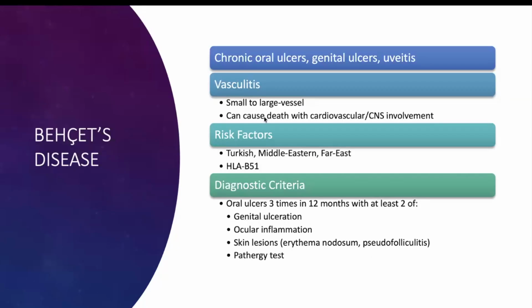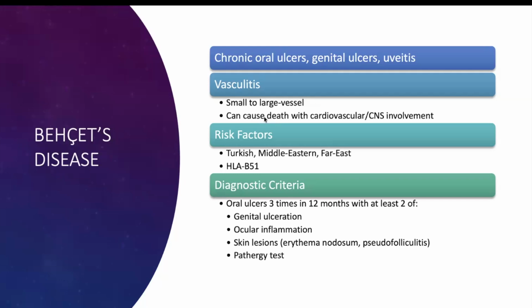Moving on to Behçet's, finally, in terms of the three systemic diseases that we were looking at today. So Behçet's is typically characterized by oral ulcers, genital ulcers, and uveitis. Its underlying pathology is understood to be a vasculitis all the way from small to large vessel.